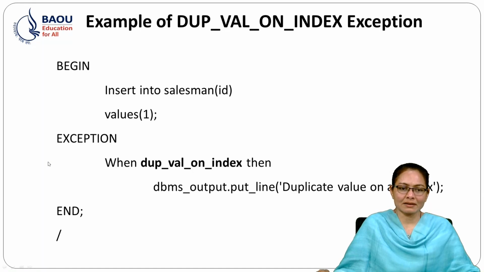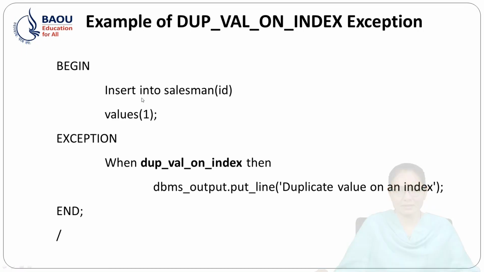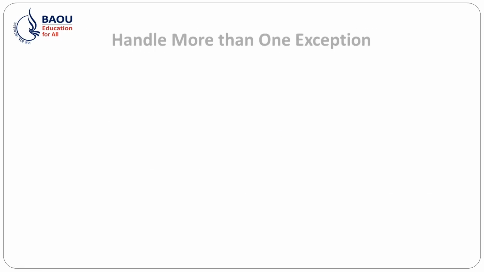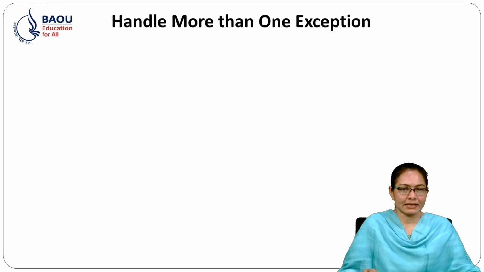This error is handled by the exception section: when duplicate value on index, this message is displayed. If you do not write this exception, then it will generate the duplicate value error. So the error is handled by this exception. When the exception section is included, this program is executed normally.